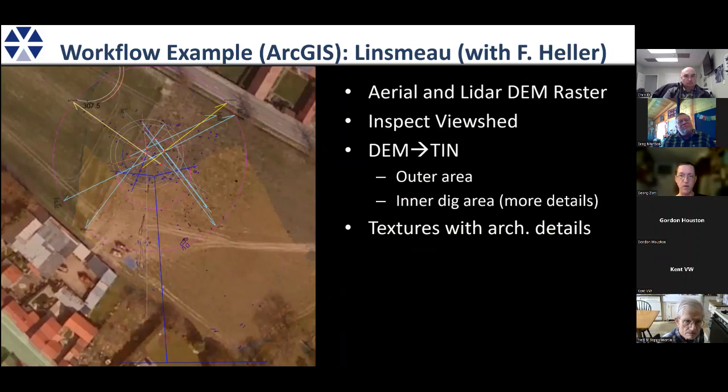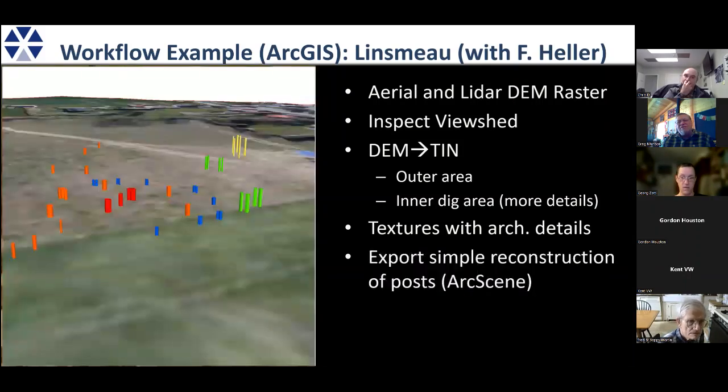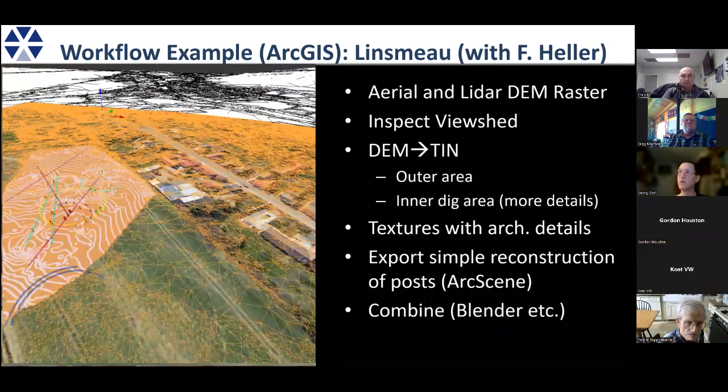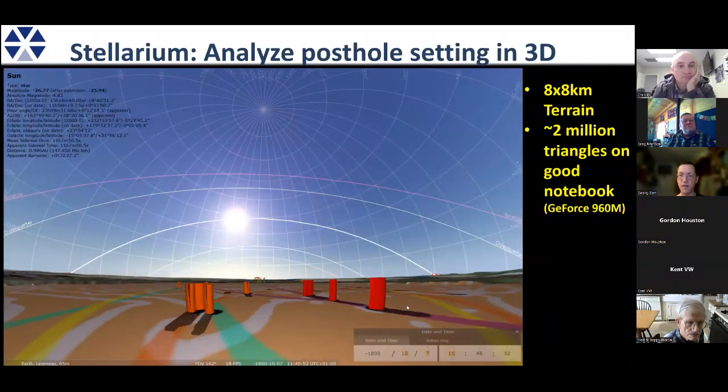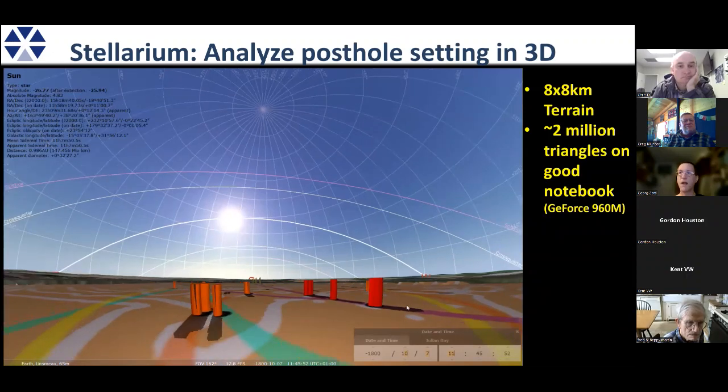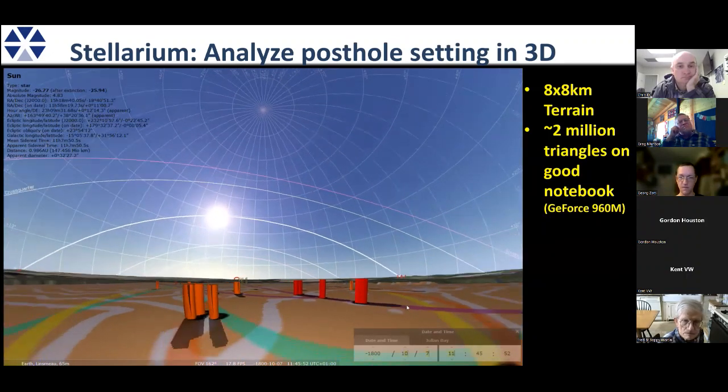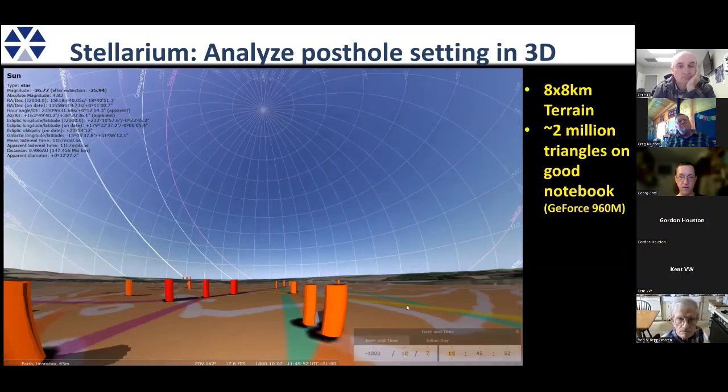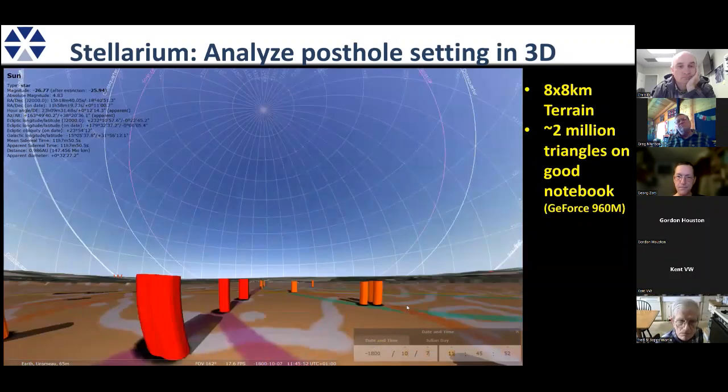So we can make a simple model of that and export it maybe with ArcScene or with other means. Combine all those. I use Blender to combine these sub-models. And finally, we can load all this into Stellarium and walk through the scene and check whether any posts are aligned with some directions towards summer solstice sunrise, or other directions.